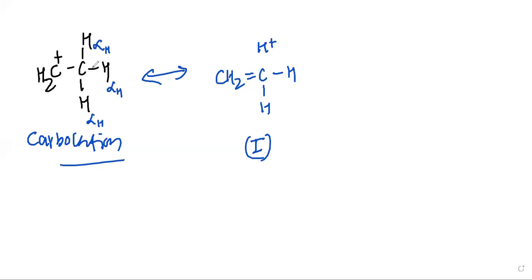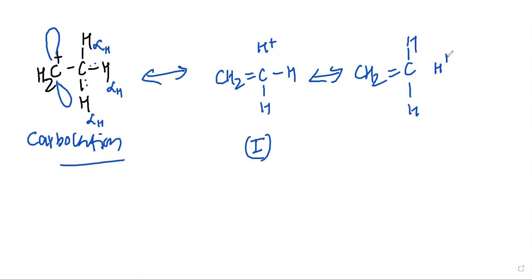But you can see that this sigma bond and this sigma bond also have electrons, and those may go to the vacant p orbital here. So the next structure you may get would be CH2 double bond C H H and then H plus here. This is the second structure, and the third structure you may get is CH2 double bond C H H, and here you get H plus.